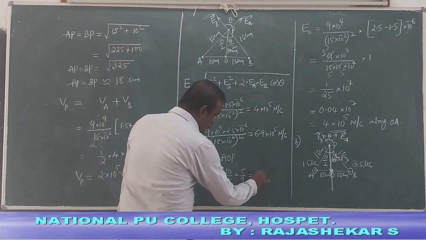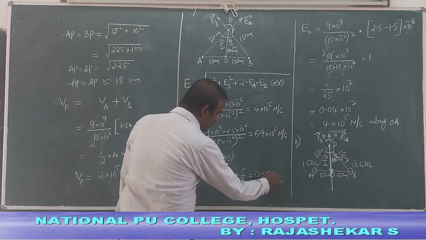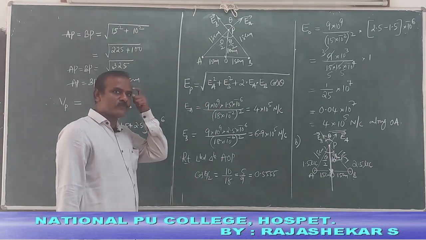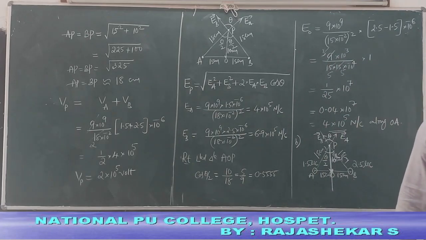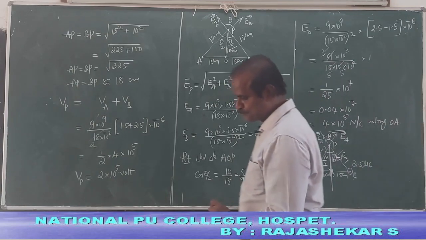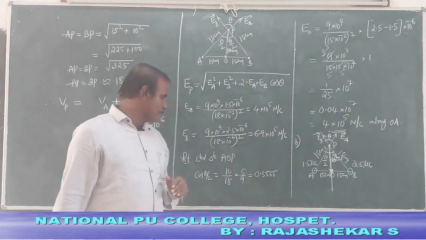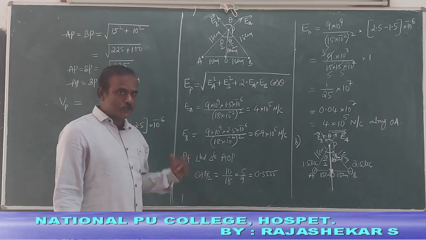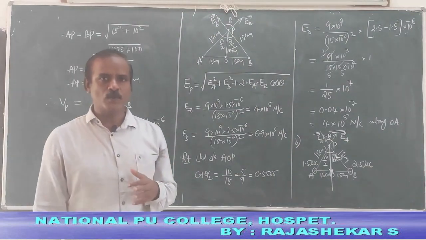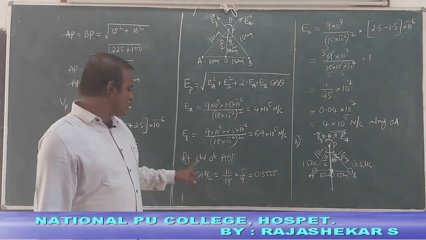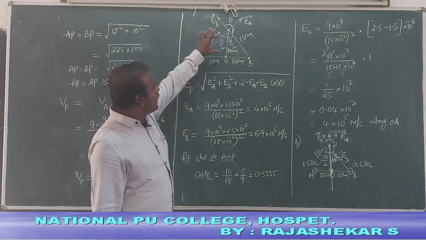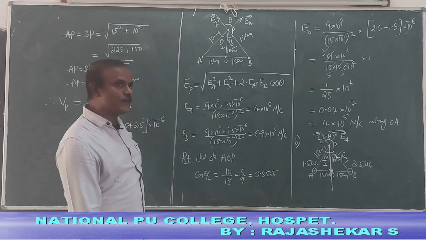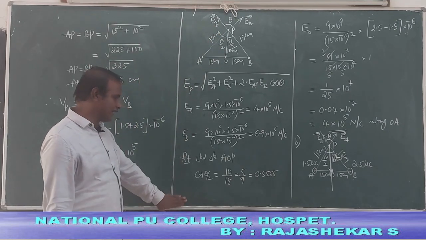This comes out to be 0.5555, because 9 fives are 45, again 5, 9 fives are 45. Here the very important thing is you will get theta by 2. Once you get theta by 2, you can find theta. So cos theta by 2 from the triangle AOP or BOP, adjacent side by hypotenuse, 10 by 18, 5 by 9.